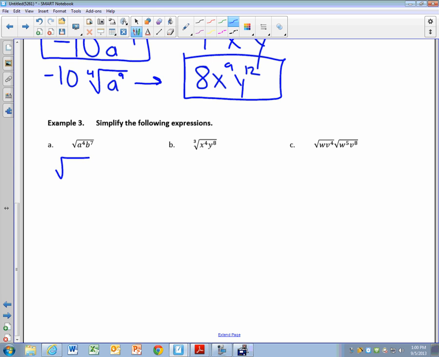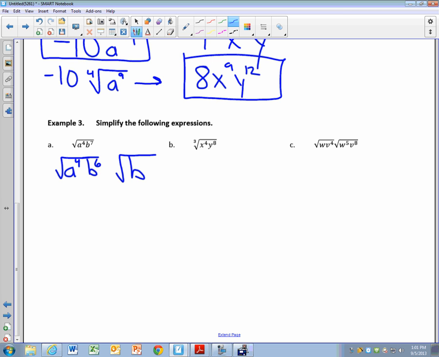So I have to divide it up into those I can take the square root of and those I can't. You told me you could take the square root of a to the 4th. Good. Can you take the square root of b to the 7th? You said no, so I reduce it. How about b to the 6th? So I put the b to the 6th there. What do I put over here? Just a b to the 1. That way I maintain equality. I still have 4 a's. I still have 7 b's that are being multiplied.